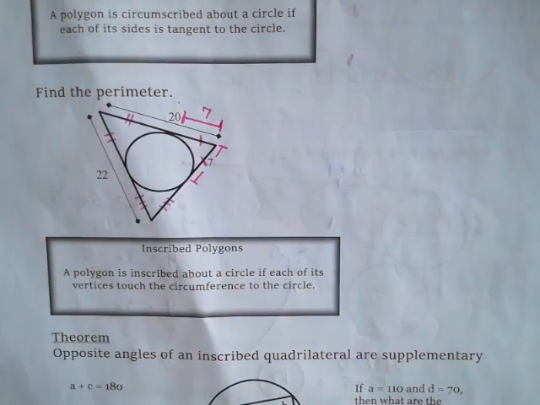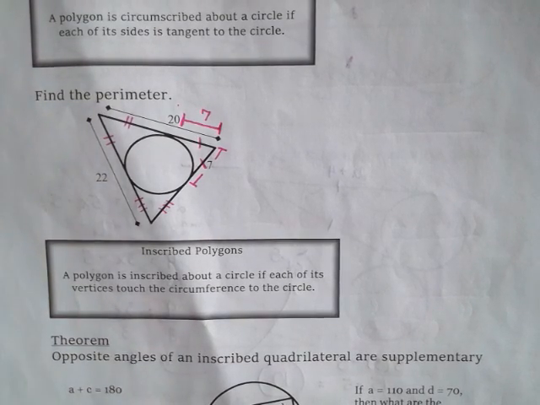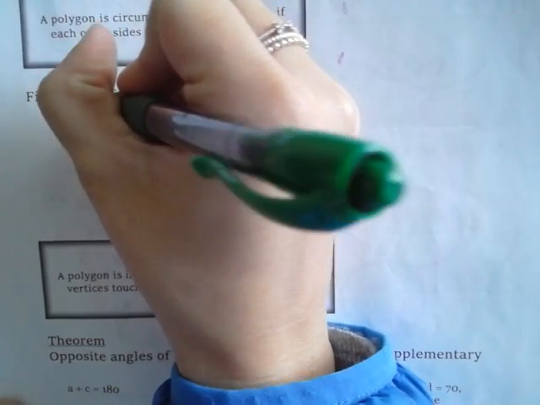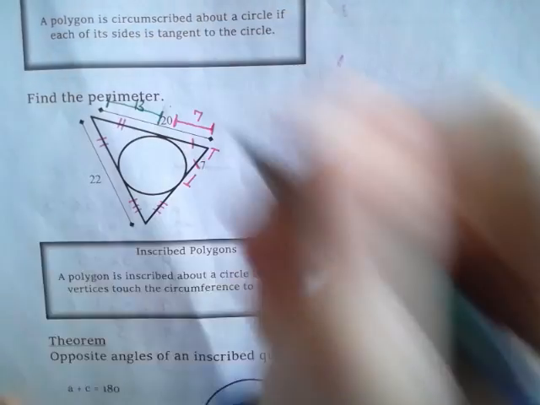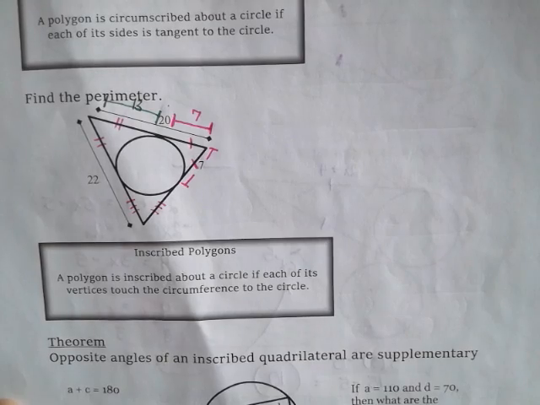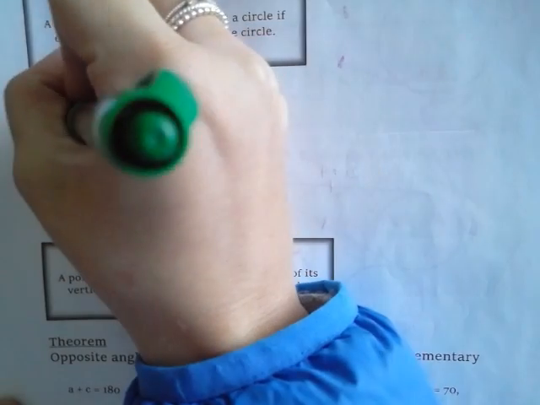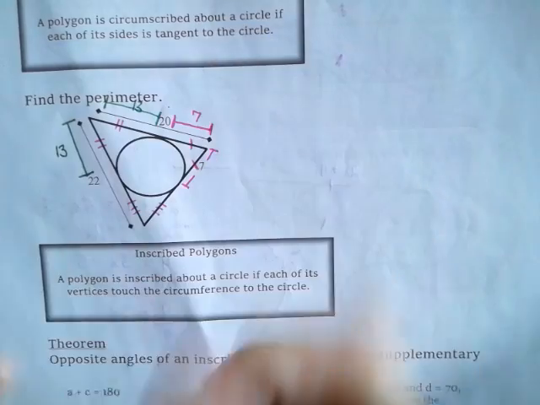Since this entire line is 20 units, that tells me that from where it touches the circle to the other edge of my triangle, we have 13. Since this tangent is congruent to this tangent, we can say that from the edge of the triangle to where it touches the circle is 13.